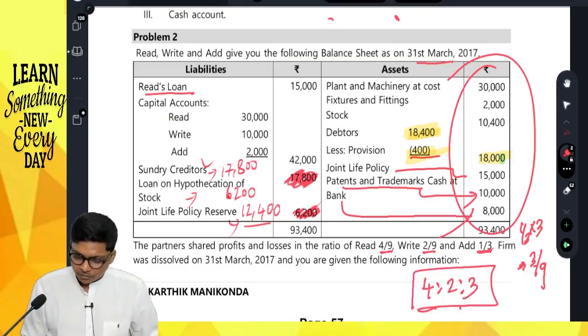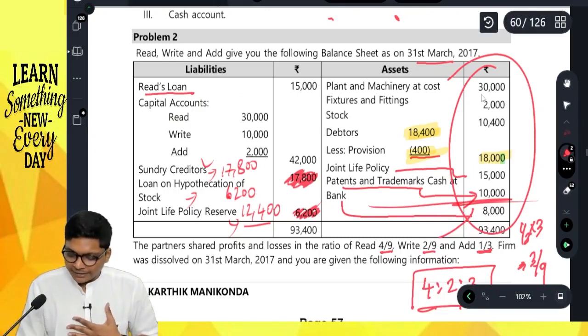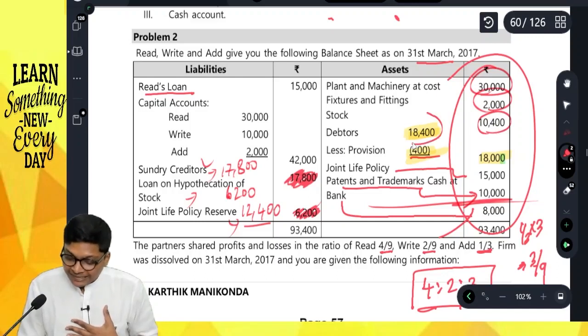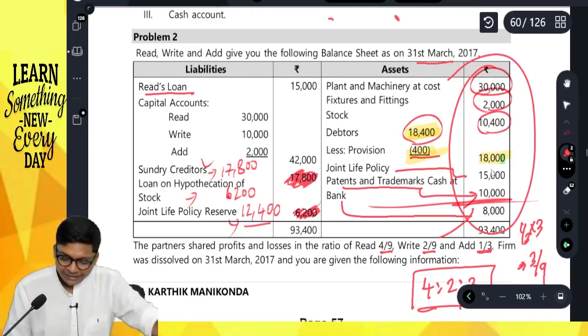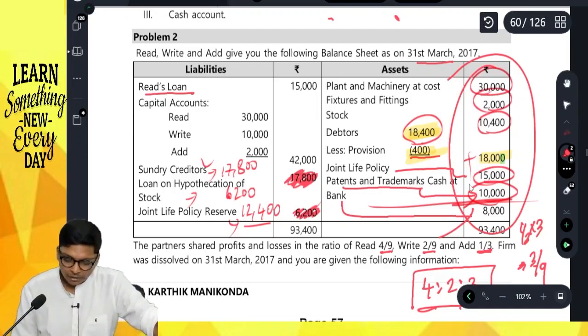Everything except bank. Everything except bank, it will be 30,000 plus 2,000 plus 10,400 plus 18,400. Debtors plus 15,000 plus 10,000 for patents. Don't add 18,400 and 18,000 twice. How much you are getting?